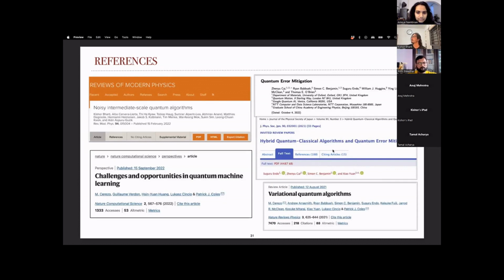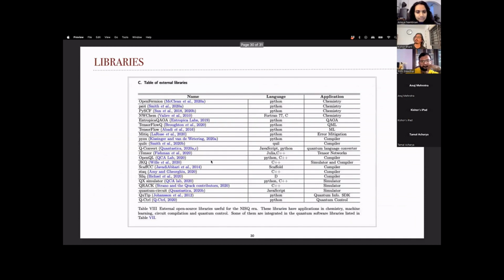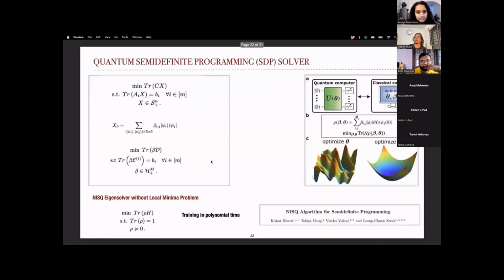I think this concludes the talk. As I mentioned, there are these challenges at the software level, at the noise level, at the algorithm level, and also at the device level, basically quantum device certification, or effectively the proof of quantumness level.